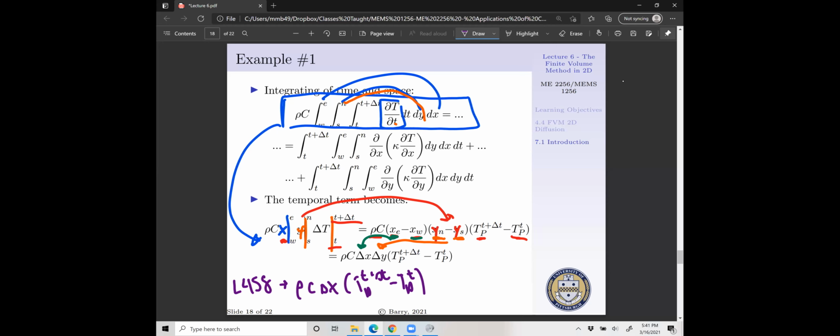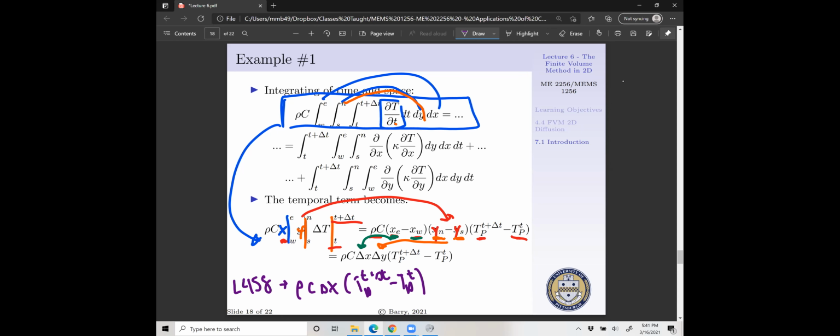Right? Nothing's really changed, just the fact that we integrated with respect to our y direction now, and we have a delta y hanging out. Nothing too crazy. So I really love the finite volume method because if you have a strong foundation, you can just build off of it really easy. Okay, now that covers our temporal term.